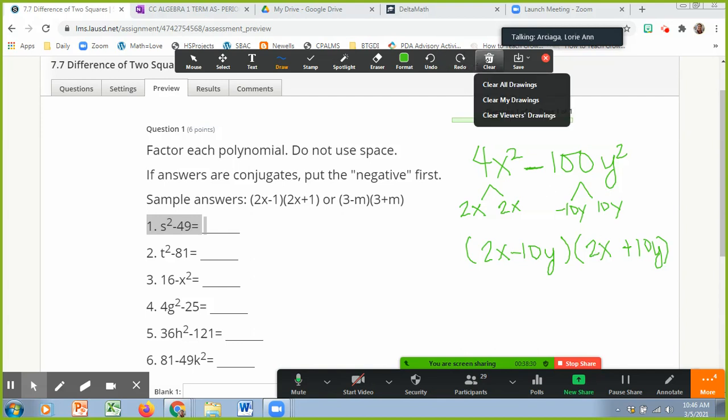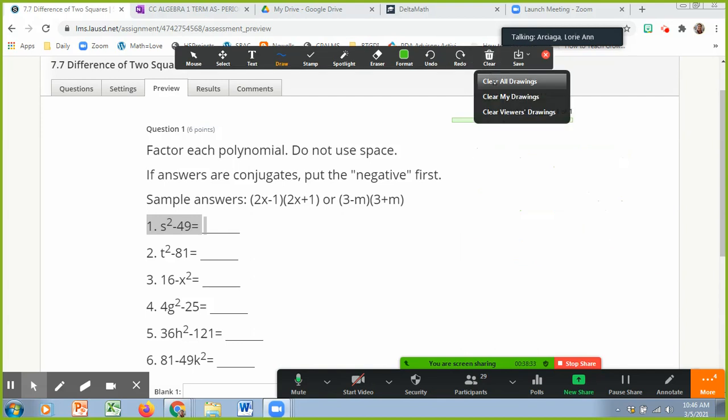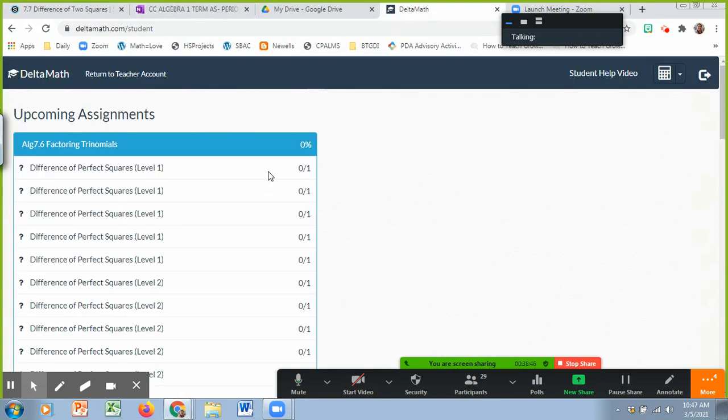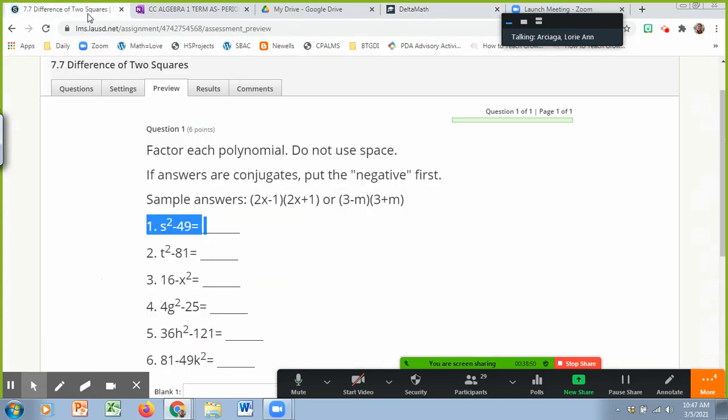Okay, can I give you 4 minutes on this one so we could all move on as a class? If you are done, don't let me slow you down. There's one on Delta Math called factoring trinomials. That's the one we're going to do next.